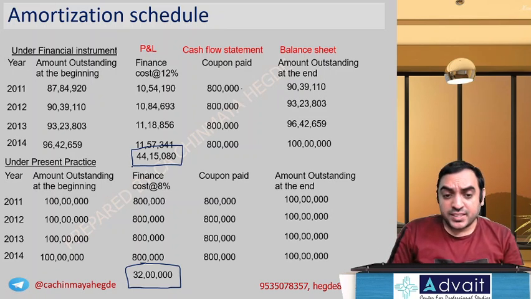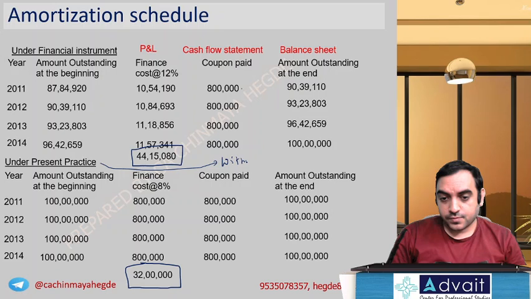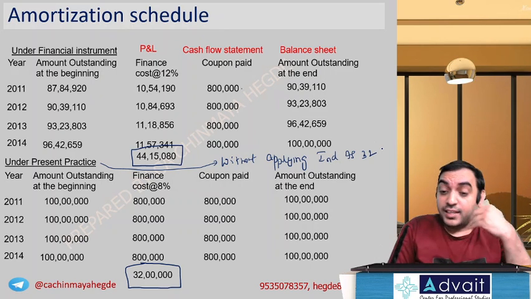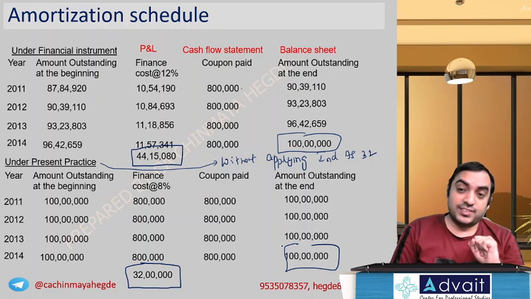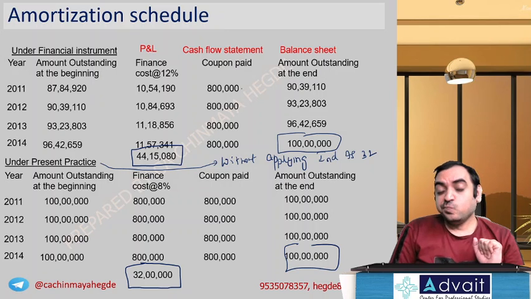When I say under present practice, that means without applying this split accounting, without applying Ind AS 32, what would have happened? Even in that case, the ultimate amount of liability would be the same, only 100 lakhs. That is not differing.